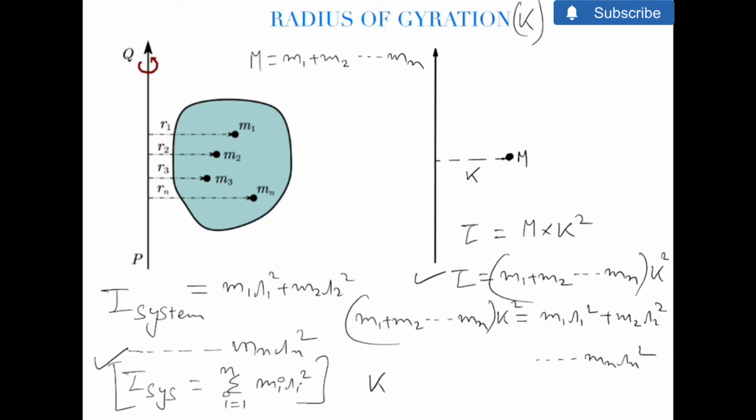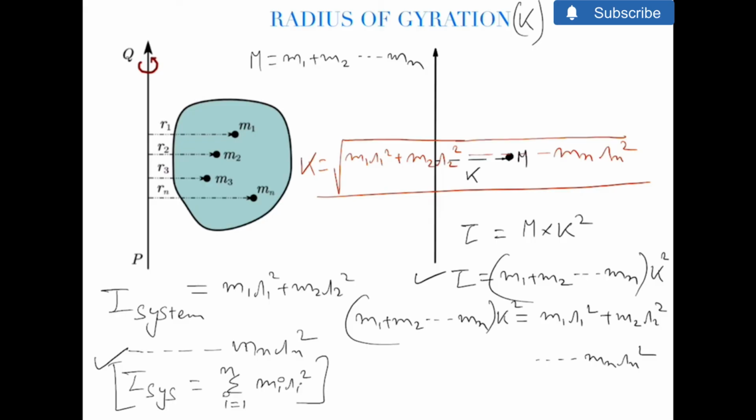Then k would be equal to under root of m1 r1 square plus m2 r2 square up to mn rn square divided by the total mass. So the total mass of the system is m1 plus m2 up to mn.